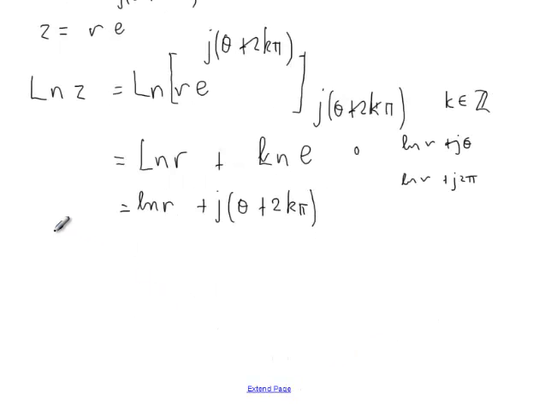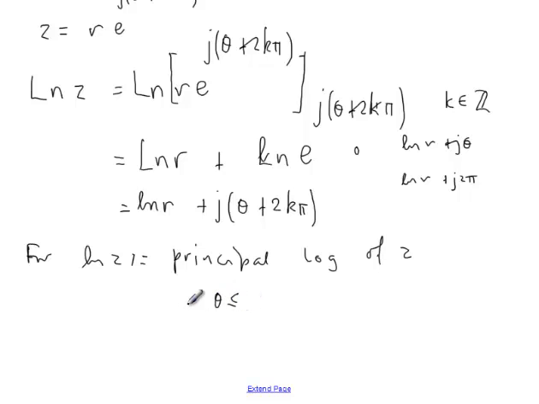Now we say, therefore, ln z, the principal logarithm, let's just say log of z, theta, the argument, must be between minus pi and pi.